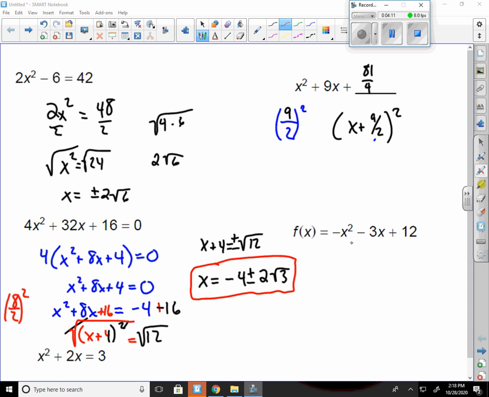Next one. Is there a number in front of the x squared? The negative makes it so that we can't complete the square right away. So we got to factor that negative out first. Because it's negative 1, x squared plus 3x minus 12.